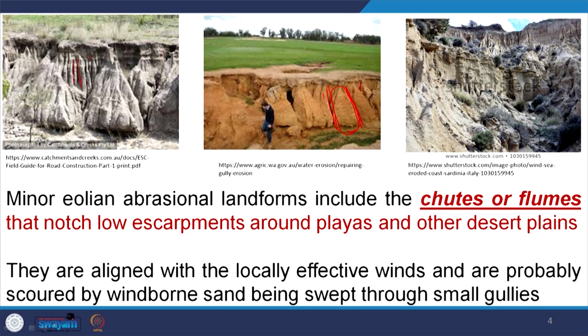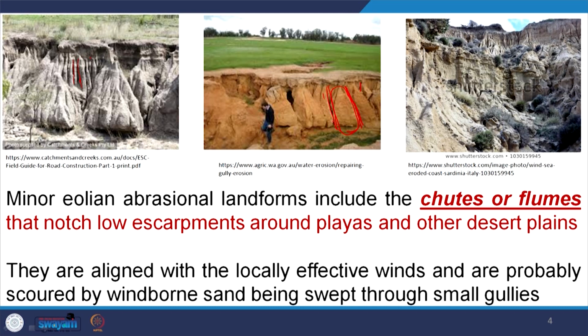So, minor aeolian abrasion landforms include chutes and flumes that notch low escarpments around playas and other desert plains. They are aligned with locally effective winds and are probably scored by wind-borne sand being swept through small gullies.